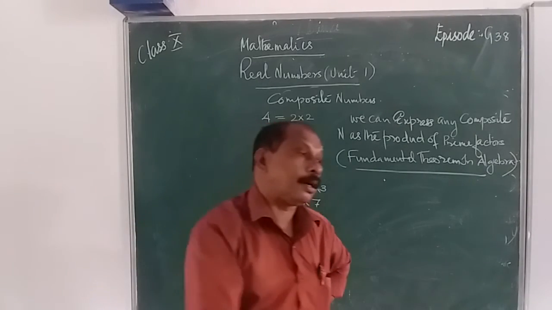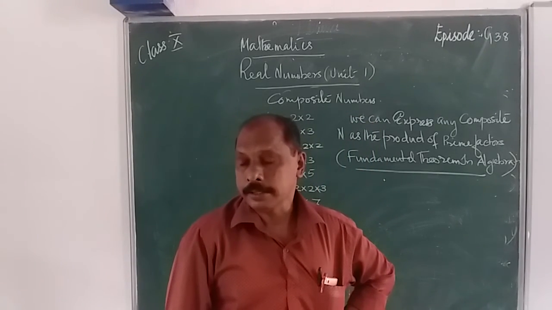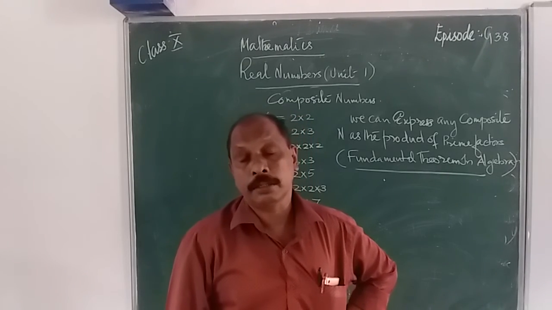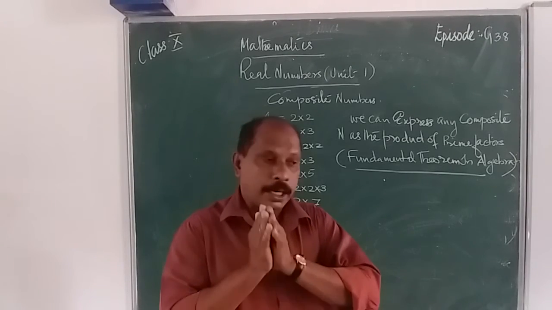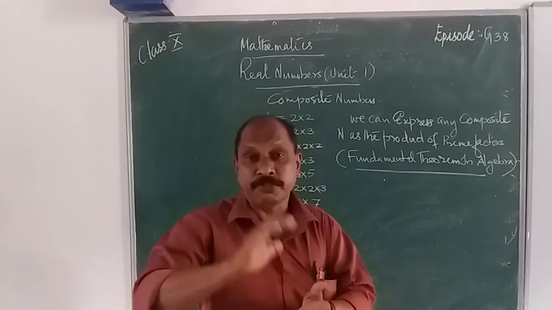All other numbers are composite, that is 4, 6, 8, 9, 10, 12, 14, etc. are composite numbers. We can express any composite number as the product of prime factors.